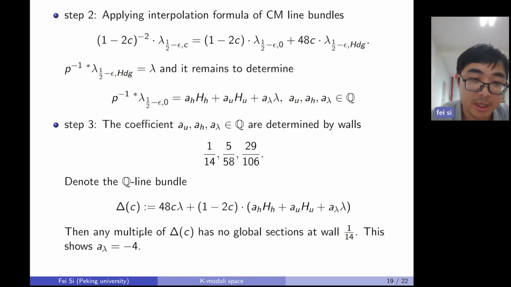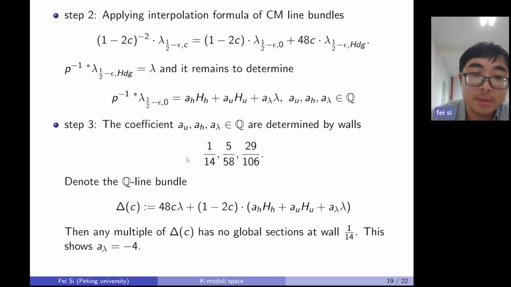Of course, its multiple has no global section because this is just a Q line bundle. Then we know that this divisor and this divisor are birationally contractible. So the positivity is determined by the coefficient of this Hodge line bundle. Hodge line bundle is ample. So if you use this wall, you will get that the coefficient of the Hodge line bundle must be -4.